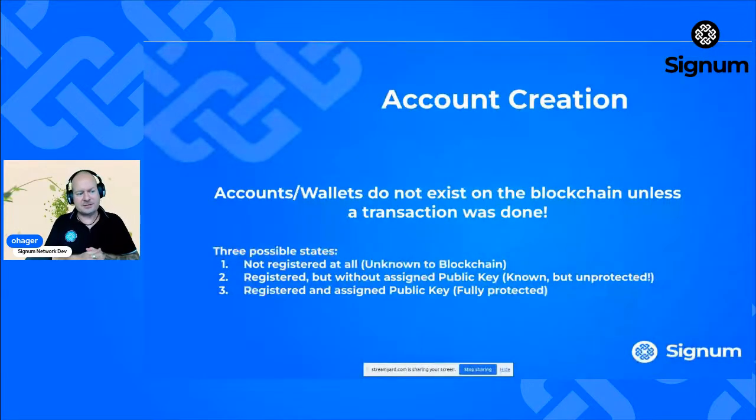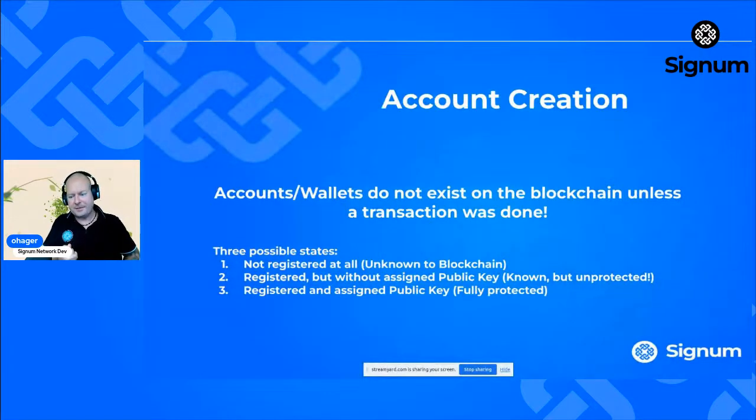So there are two states you can get there. You are registered, so there's something like a transaction. You received, for example, something, but there's no public key assigned to your account right now. We talk about what that means in a few moments. That means that we consider the account as not protected. The other one is that it's registered and we have an assigned public key, and this is what we call a fully protected account.